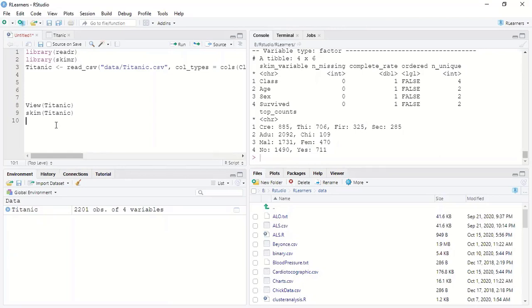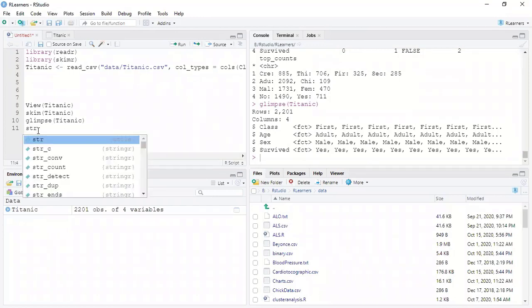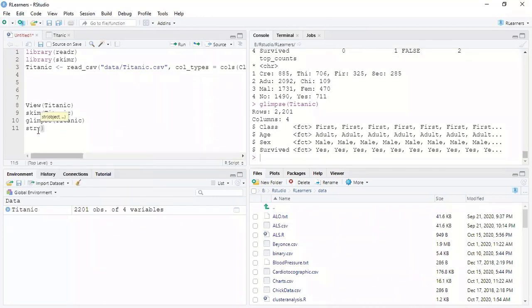Okay, so we can also get a glimpse of that data. What is in that data? So we have class, these are the classes, these are factors. And you can also get to know the structure of this Titanic data set.